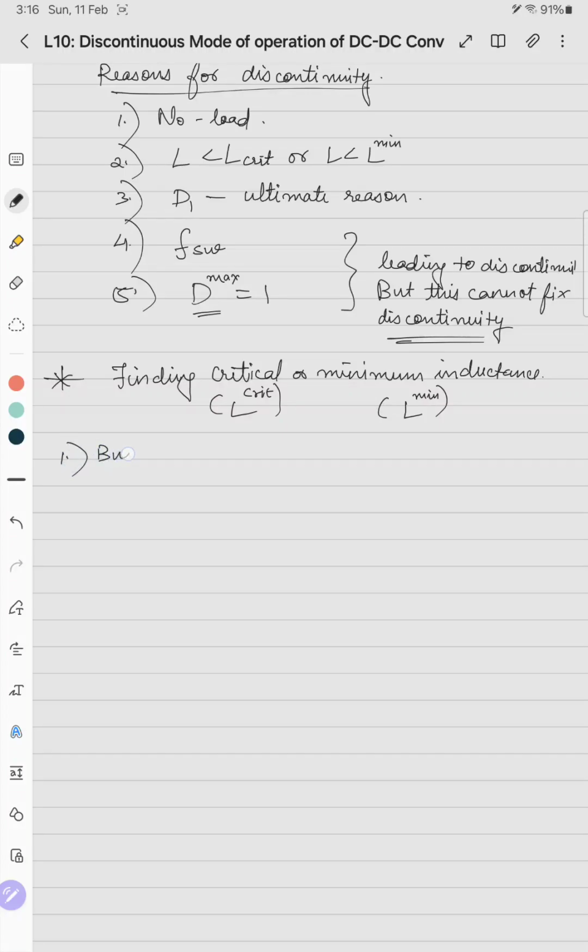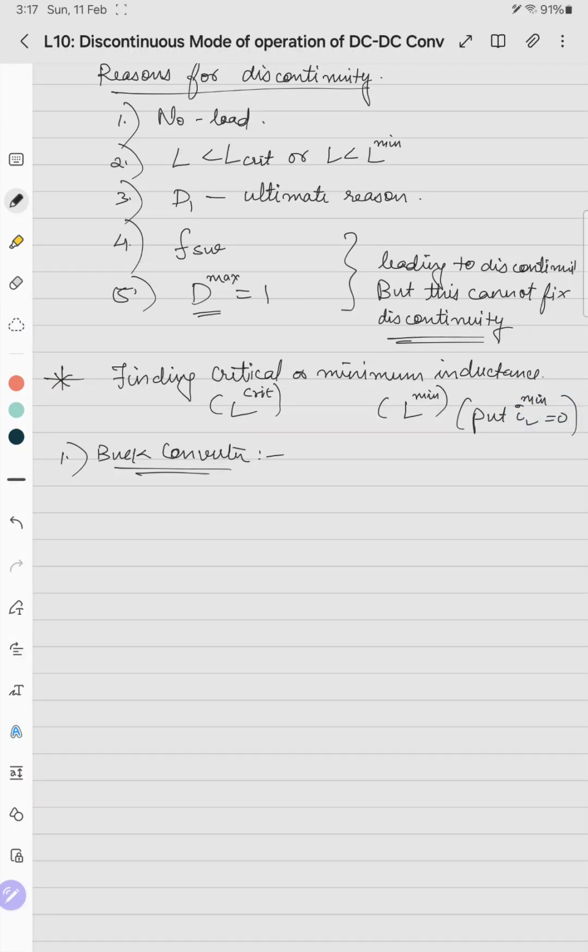First, for a buck converter. What should be the minimum inductance such that if we select an inductance below this value, it will be discontinuous, and if L is greater than this value, then the converter will operate in the continuous mode of operation. So again, the basic principle is to put I_L minimum equals to 0.